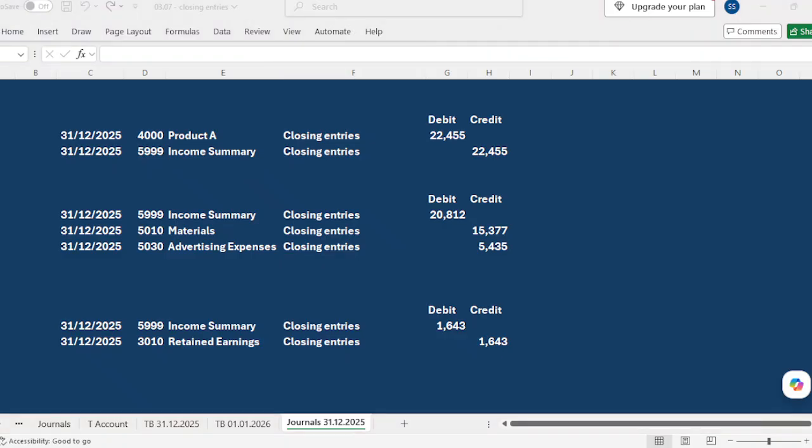And in real life, the situation is not so different because there can be a lot of GL codes, but the process is always the same. You need to record journals with balances that go on the opposite side in order to close cost, in order to close income. The result is going to the permanent accounts.